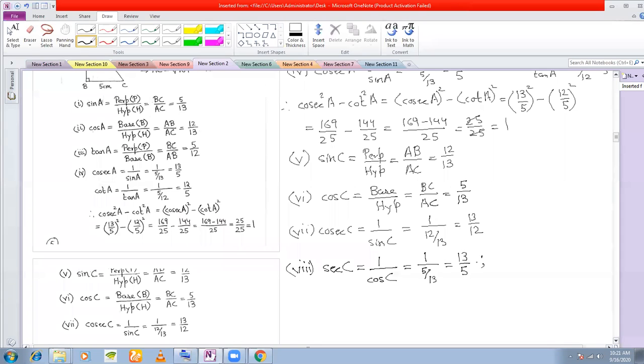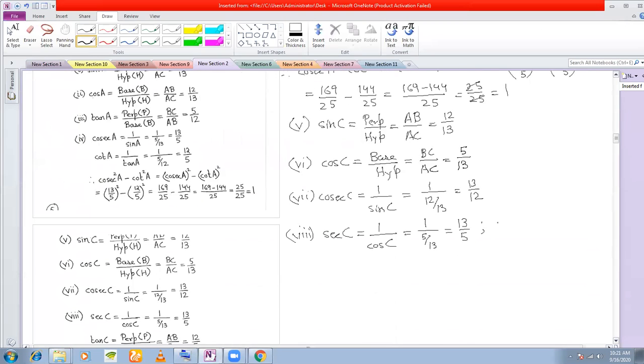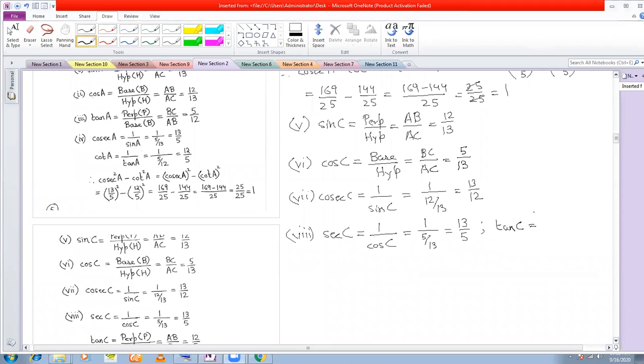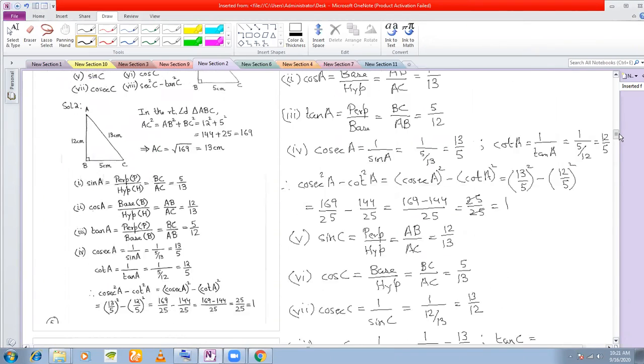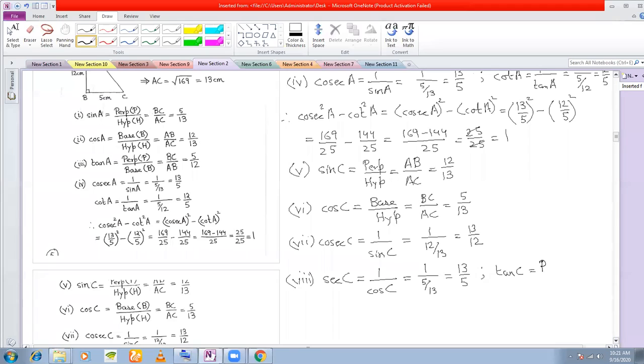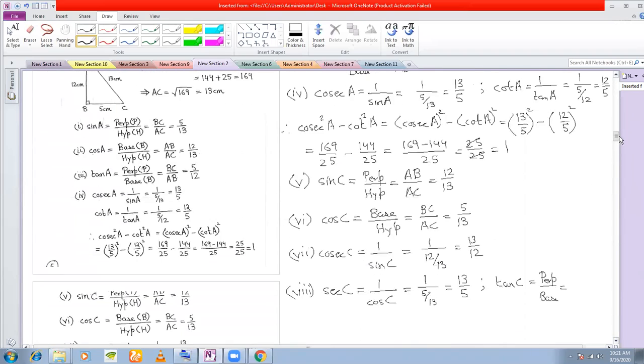Now I'll proceed to calculate tan C. Tan C, again you can calculate as a ratio of perpendicular by base. Tan C is perpendicular by base. Perpendicular is AB, base is BC.